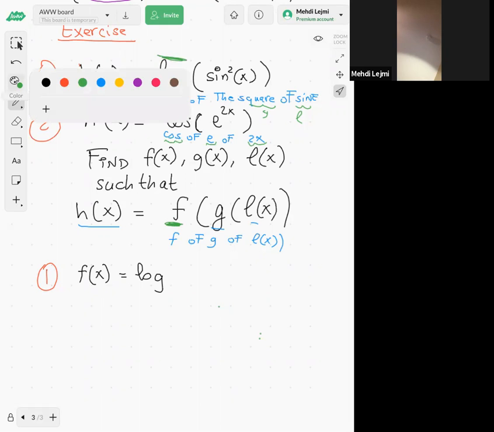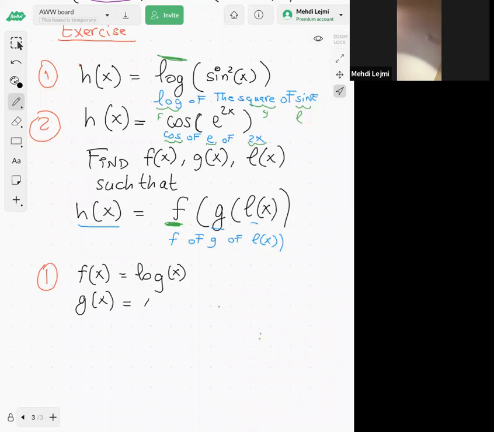Now, the next function is not really sine, because again, it's log of the square of sine. So the second function is actually x squared. So g of x should be x squared. And the third function, L of x, that's sine of x.